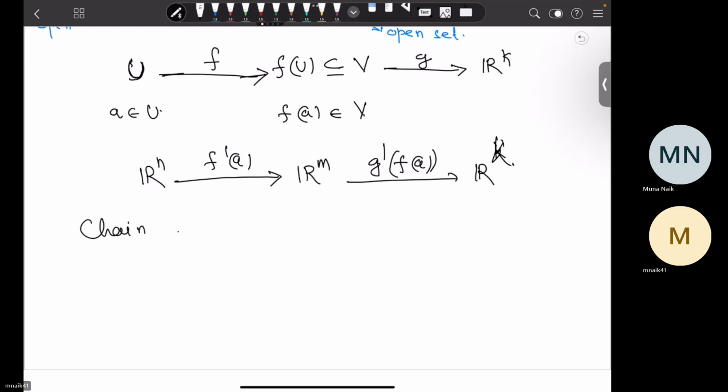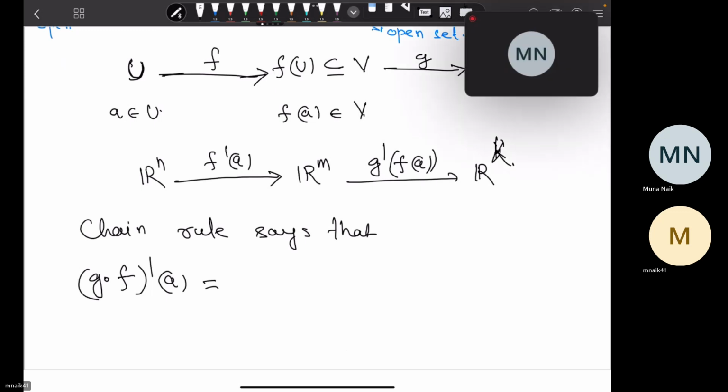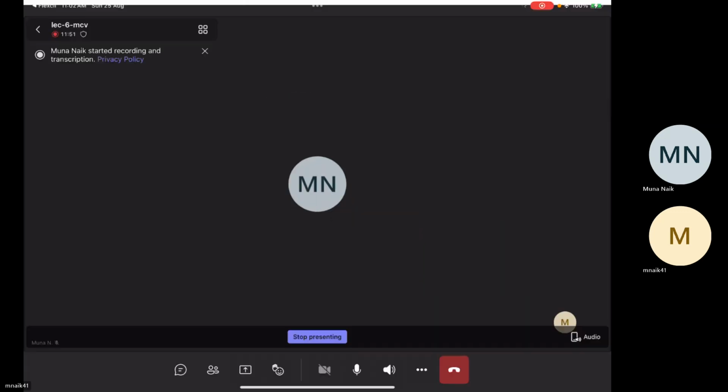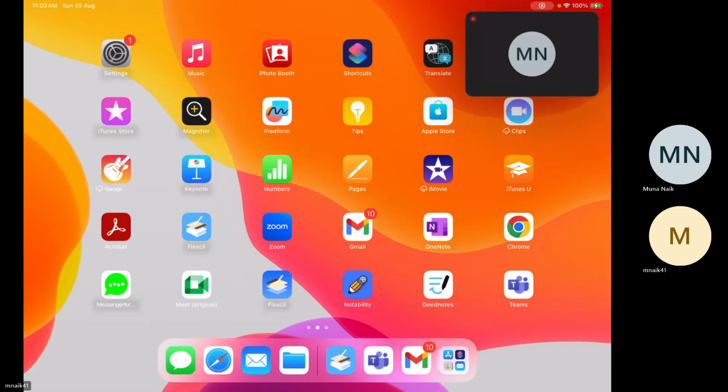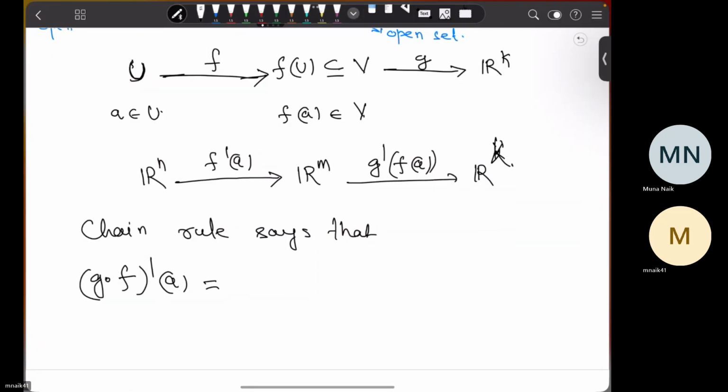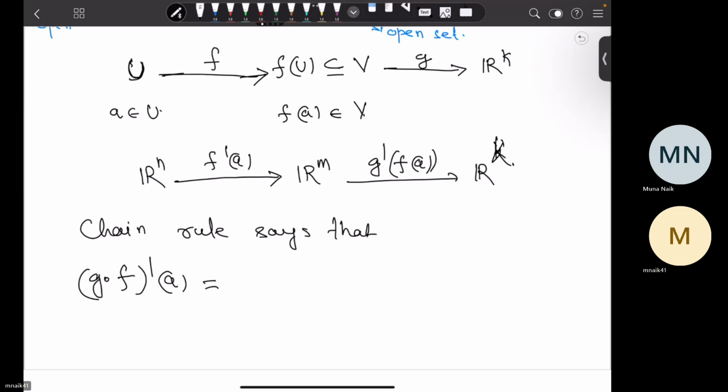The chain rule says that this composition (G∘F)'(A) is nothing but G'(F(A)) times F'(A).